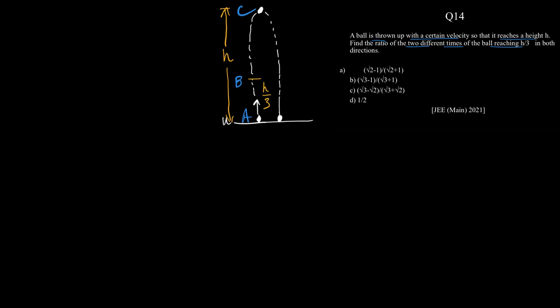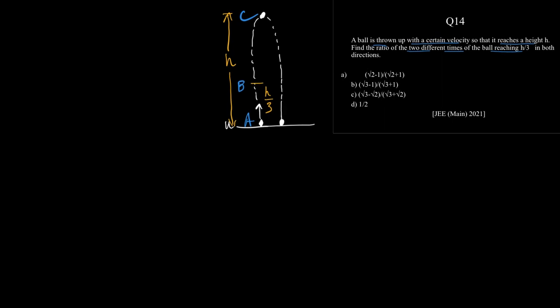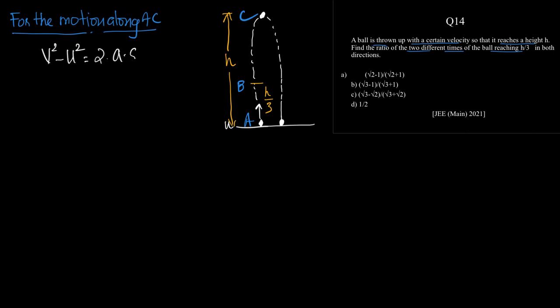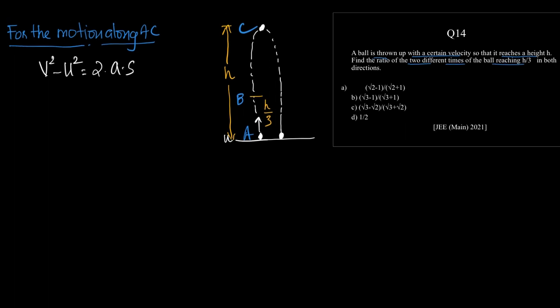So for the motion along AC, we can say that v square minus u square is equal to 2 into A into S. But what we need to keep in mind is, at this point, the object is momentarily at rest, which means the velocity here will be equal to 0.